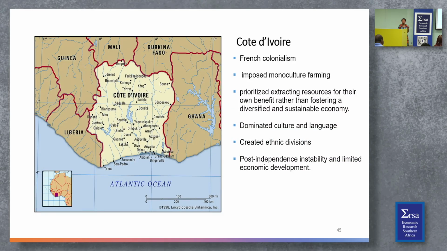We've got Côte d'Ivoire. It used to be called Ivory Coast, but now it's Côte d'Ivoire. French colonialism, right? They were colonized by the French. And so because they were colonized by the French, they have a monoculture. So remember, the French had a different type of colonial strategy.